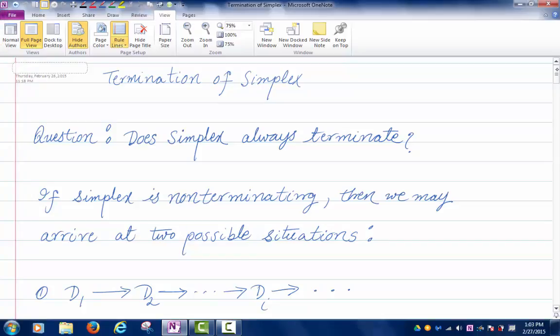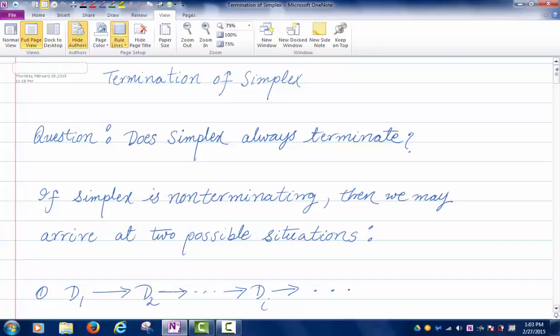Okay, so last time we talked about the proposition that we showed. So far, what we know about simplex is that if you start with a feasible dictionary and you apply a pivoting operation, you end up with a feasible dictionary. That's number one.